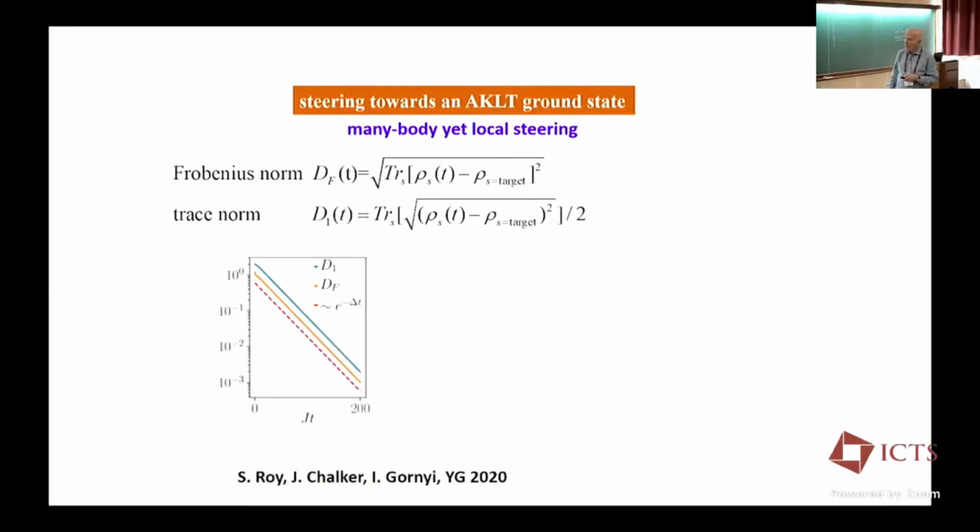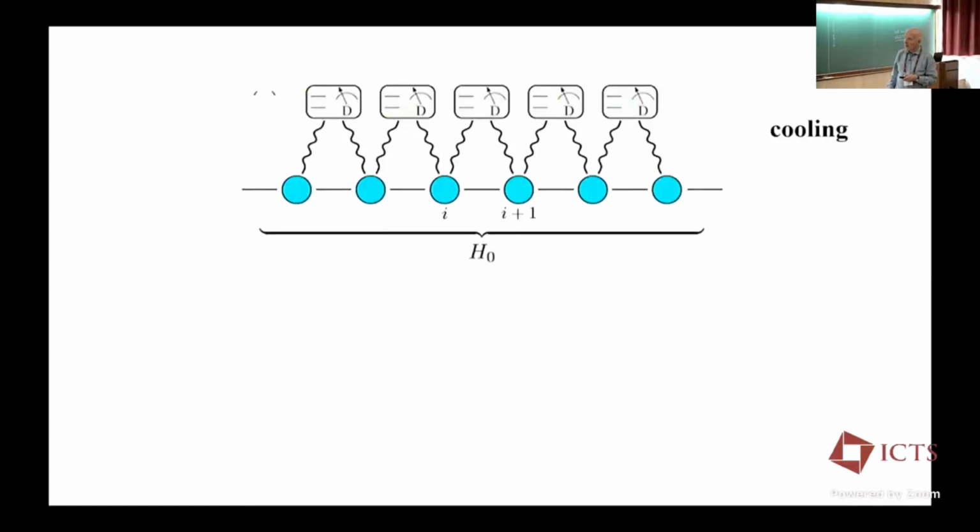All right, so this is what I wanted to tell you about steering. Steering is about pushing the system towards a pre-designated state. If this state turns out to be the ground state of a certain Hamiltonian, then we can talk about cooling.